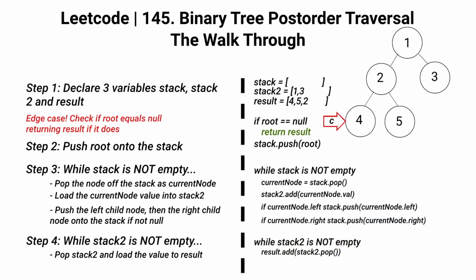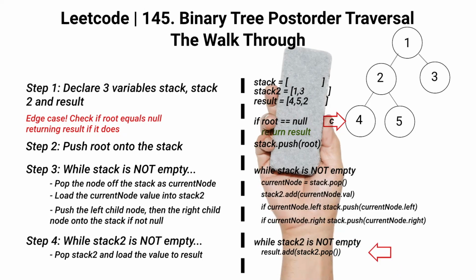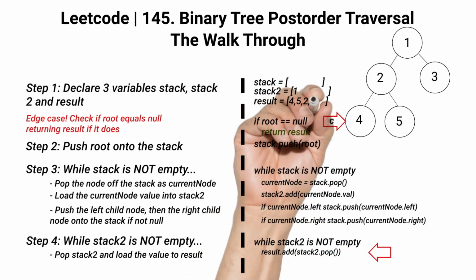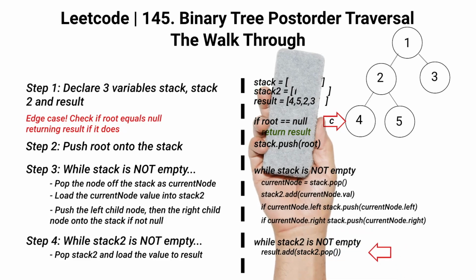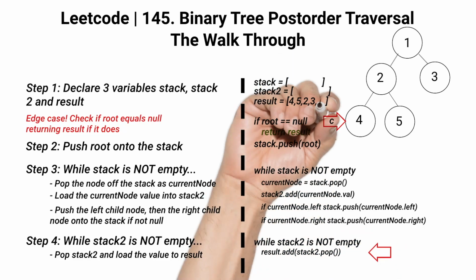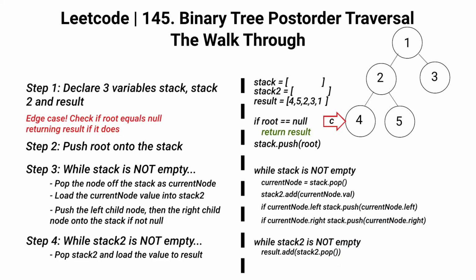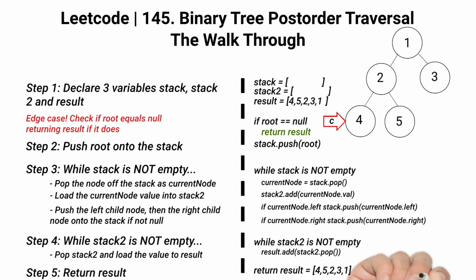Then we want to add the 3 into the result. And then finally we're going to add the 1 into the result. Break out of the while loop because stack 2 is empty, and step 5, return the result. Result equals 4, 5, 2, 3 and 1, which is exactly what we expected.